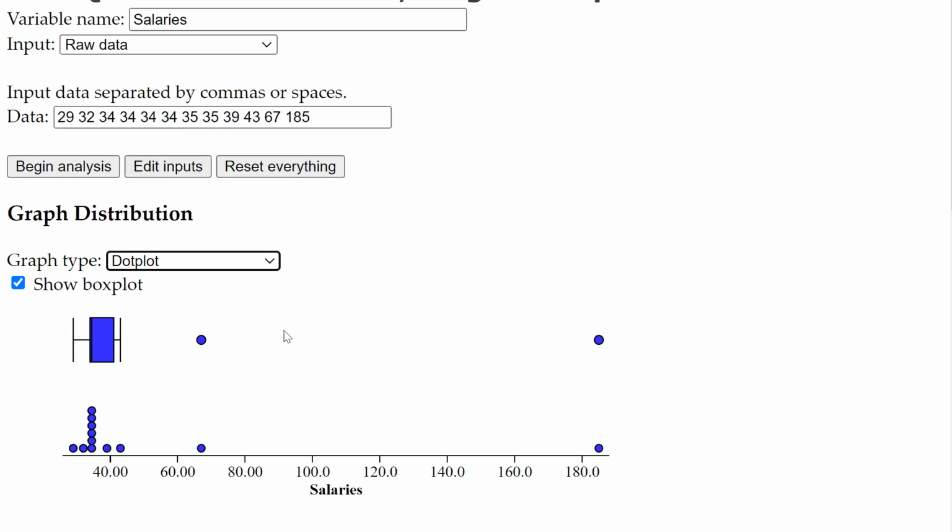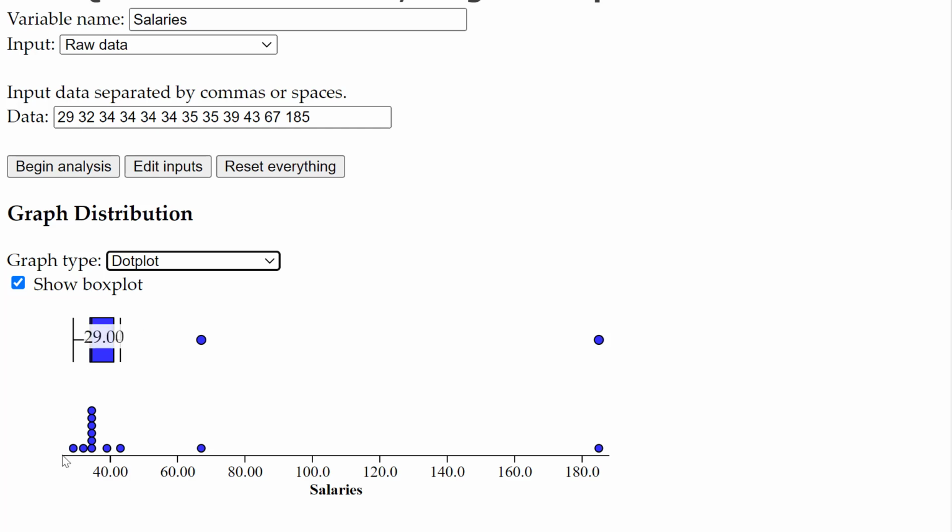If I go to the data, 51.5 is here, but you don't see the whisker going to 51.5. It's just the boundary for when something becomes an outlier. So everything to the right here, these points at 67 and 185, are both outliers. Then the highest data point that is not an outlier is the end of the whisker.